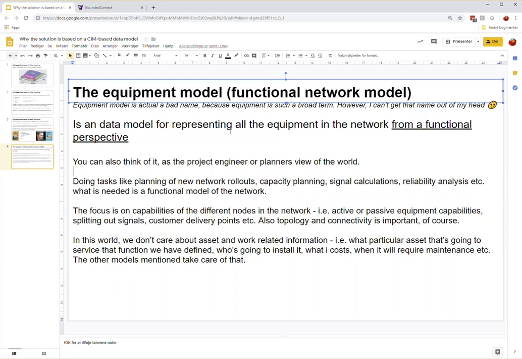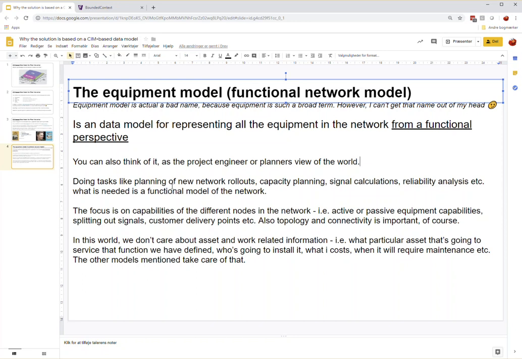You have to connect it so it has the capacity to serve whatever we need to serve, right? So this is a functional requirement. So what you do is you build a model of that for a start to figure out if you have done everything right. So another way to think of the equipment model is the project engineer or planner's view of the world, right?